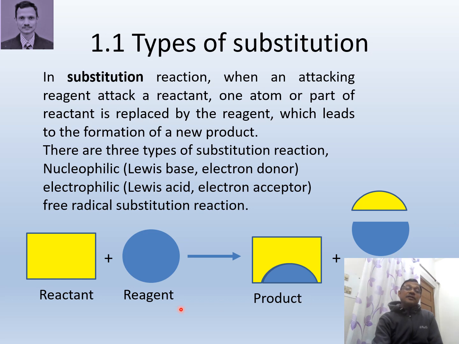So basically, based on the nature of this reagent part, whether it is nucleophile or electrophile or free radical, one can say it is nucleophilic substitution reaction or electrophilic substitution reaction or free radical substitution reaction.